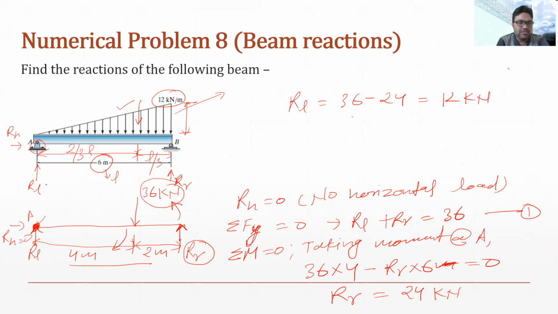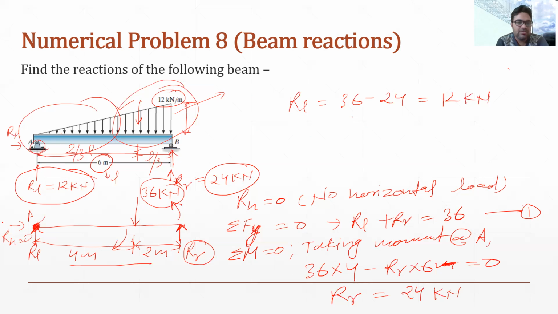So it means this reaction is 12 kilonewton and this reaction is 24, which you can see, the maximum intensity is in this region. So the maximum reaction is offered by this support, which is 24. And you can see in this region there is less intensity, less load. So that is why the reaction is less. So that is the solution for this problem.